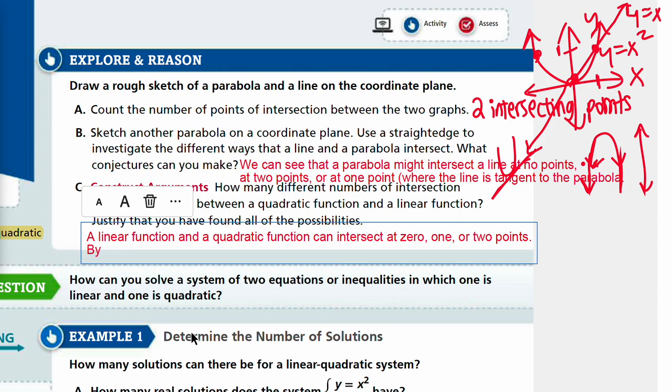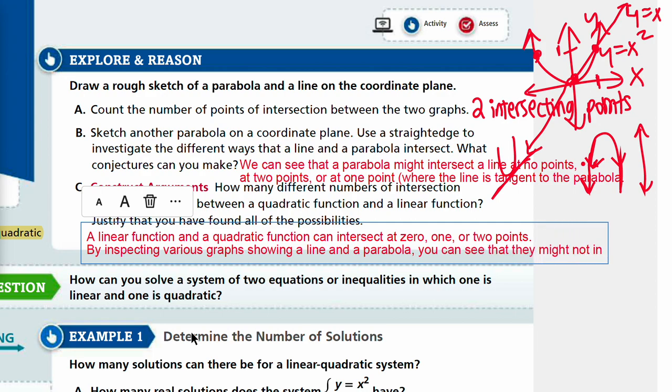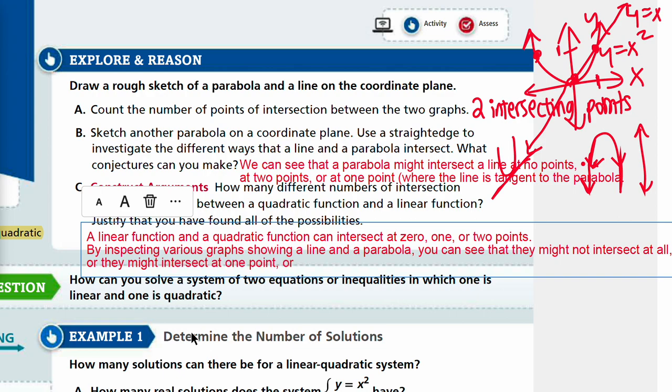By inspecting various graphs showing a line and a parabola, you can see that they might not intersect at all, or they might intersect at 1 point, or they might intersect at 2 points.